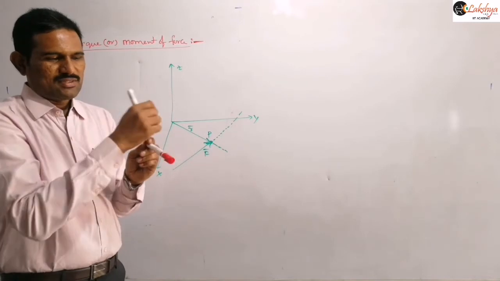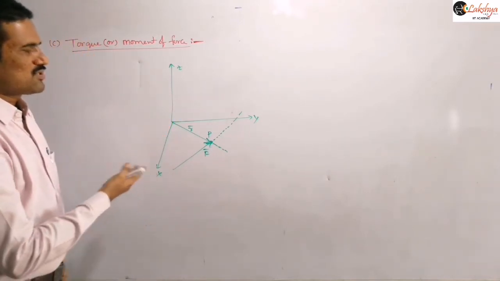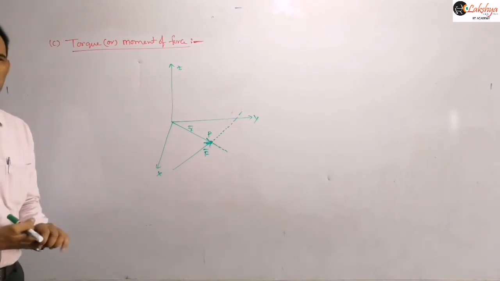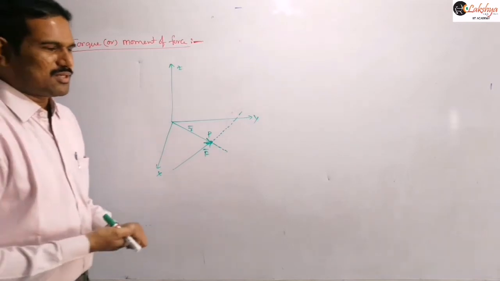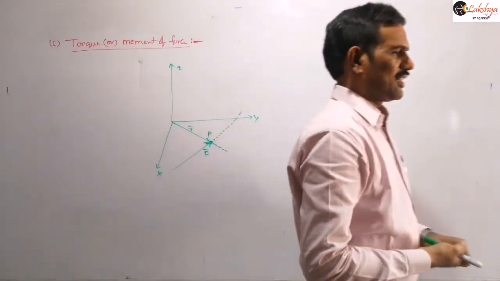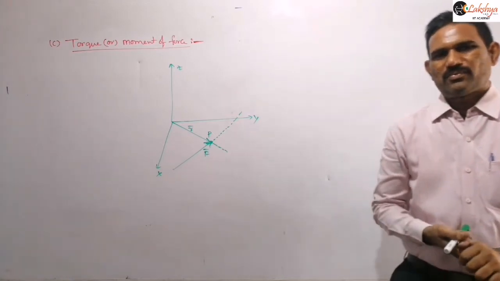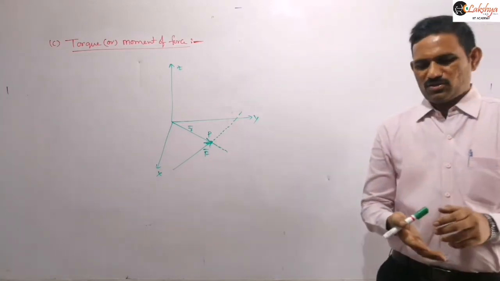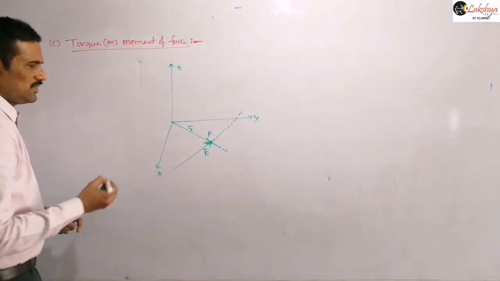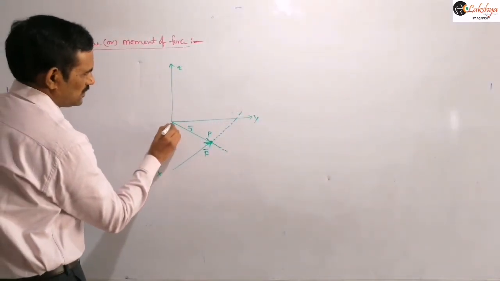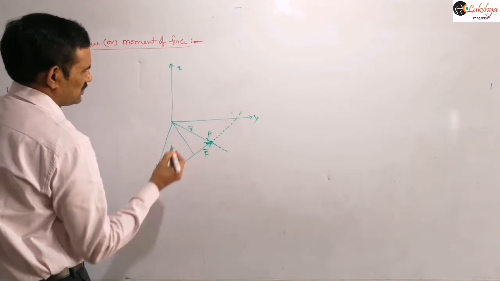So the turning effect produced by this force is nothing but what we call torque. Torque, or moment of force, is the turning effect of the force, and it can be defined as the product of the magnitude of the force and the perpendicular distance from the line of action of this force.